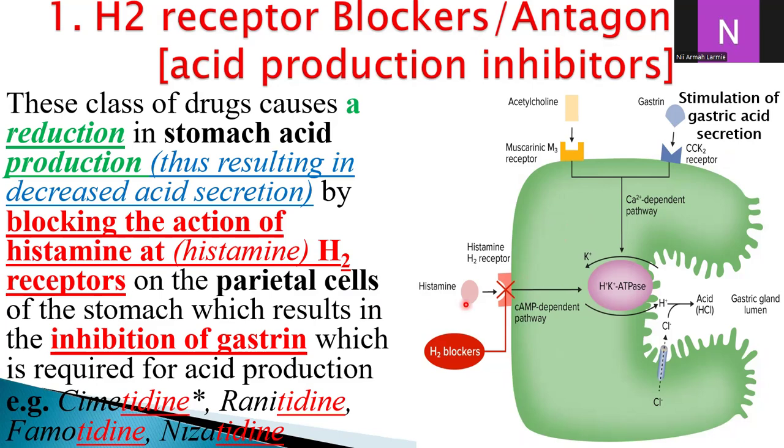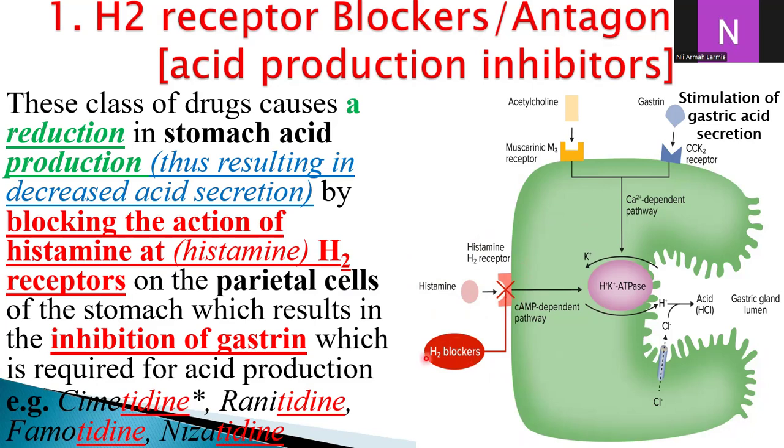How do they work? Histamine has two receptors, histamine H1 receptor, histamine H2 receptors. On our parietal cells, we have histamine H2 receptors, and when we put in the blocker, it inhibits the receptor, thus preventing histamine from acting on the receptor. So there is a competition between our blocker and histamine.